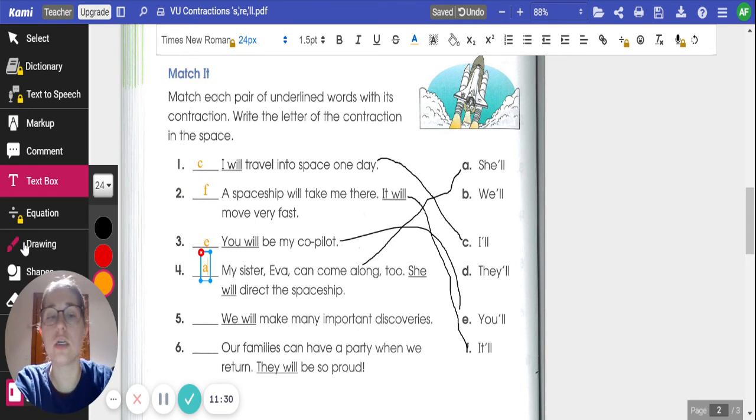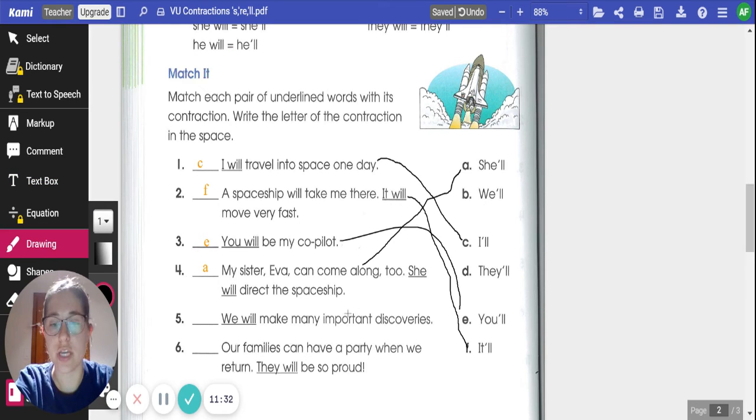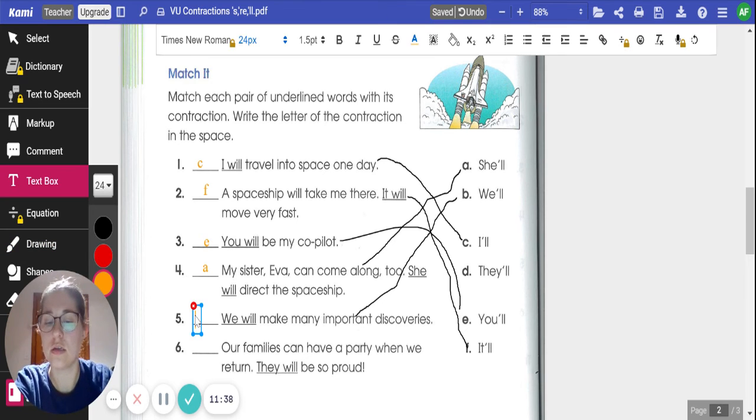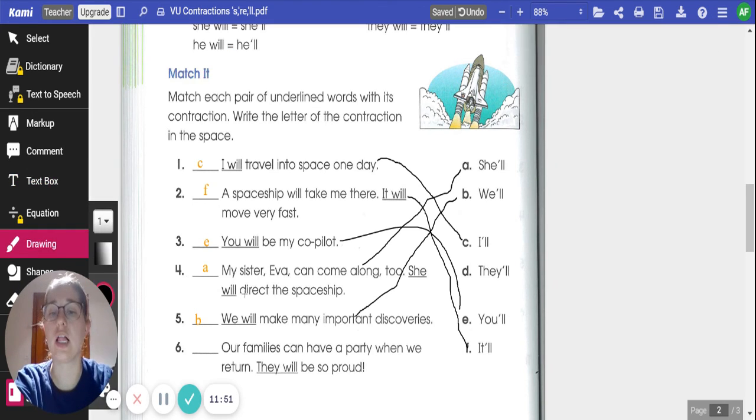We will be we'll, W-E apostrophe L-L. It's going to be letter B. And for number 6, our families can have a party when we return. They will be so proud. It is the only one left, but we know that they will becomes T-H-E-Y apostrophe L-L, or they'll. That is letter D.